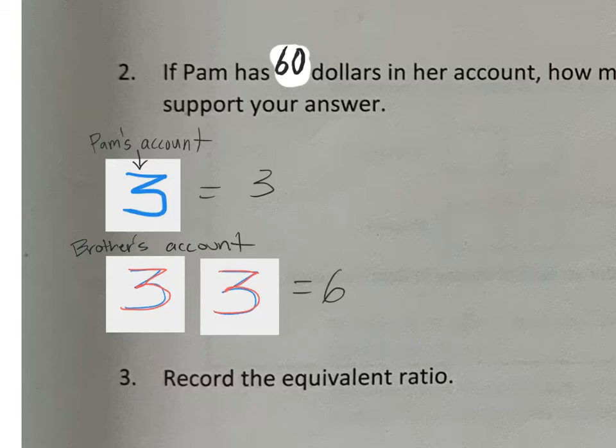So the deal is now, though, that Pam's account has increased to 60. So now we have to erase this, because if we see here, Pam has increased her bank account to 60, okay?